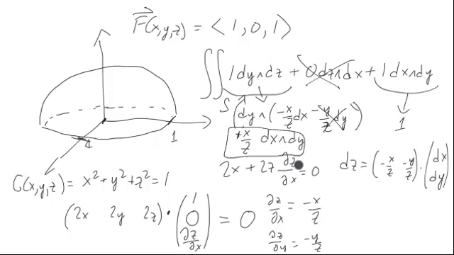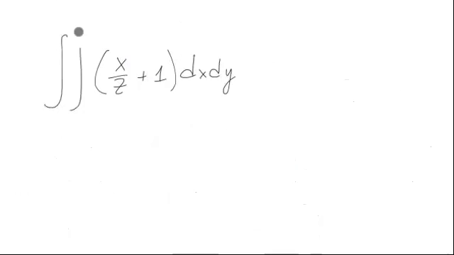Okay, so it looks like we're doing x over z plus 1, dx dy, and we're doing this over this region. Now we've changed it to x and y coordinates.